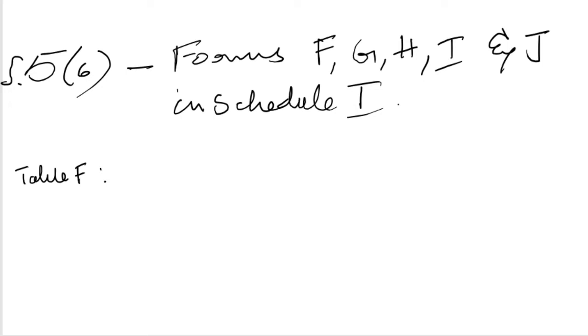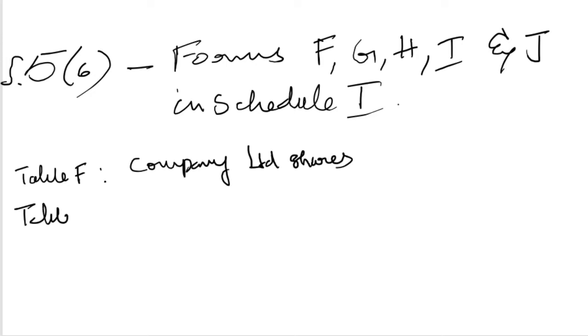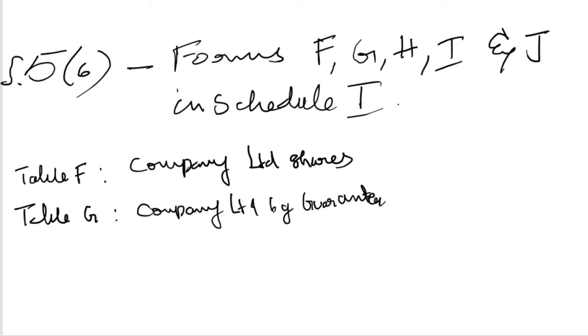Table G is the form of articles of association that is applicable to a company limited by guarantee having a share capital. So those companies have to use form G.